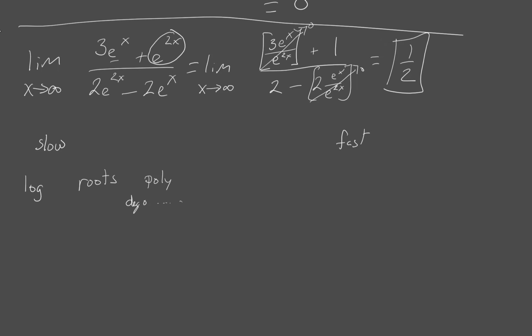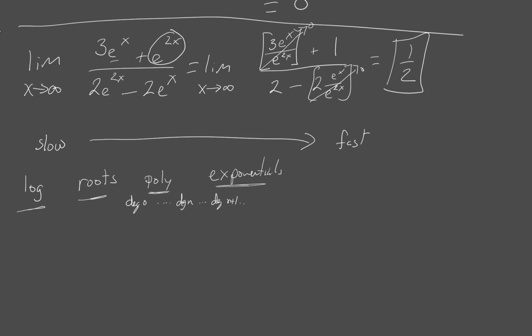And then degree n, degree n plus 1, and so on. So they're going to grow faster in terms of degree. And then after polynomials, we get exponentials. Okay, so logs grow the slowest, and then roots, and then polynomials, and then exponentials. That's the order of how fast things are growing, slow to fast, through these different types of functions that we have.